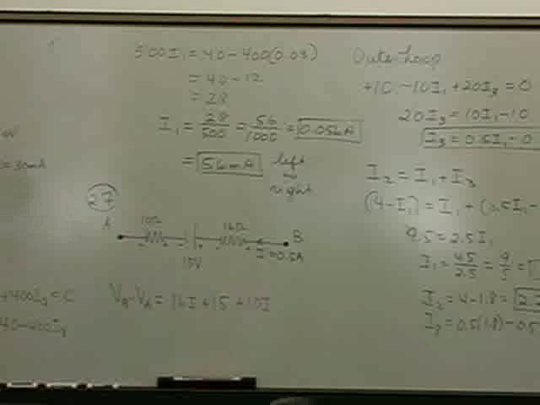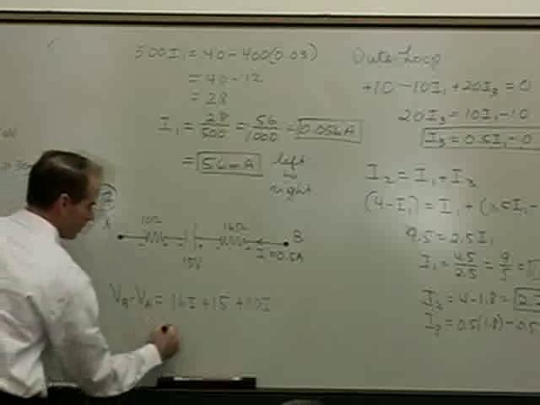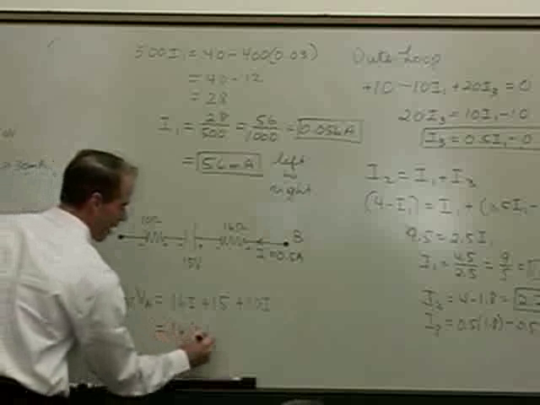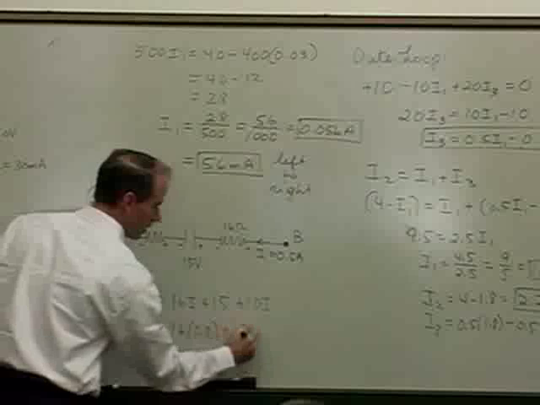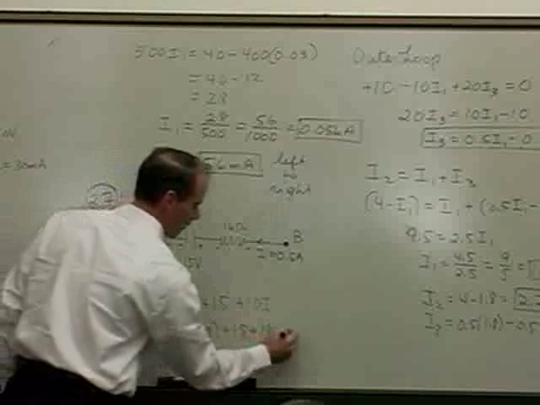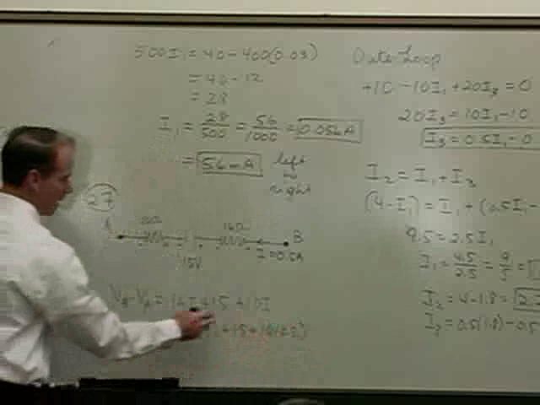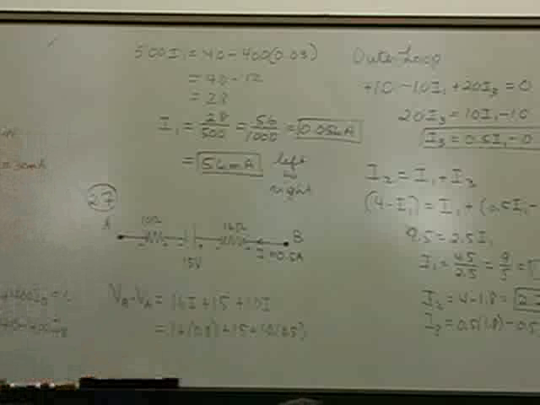It's going to be way too easy. So that's going to be 16 times 0.5 plus 15 plus 10 times 0.5. That's going to be 8 plus 15, 23 plus 5 is 28.